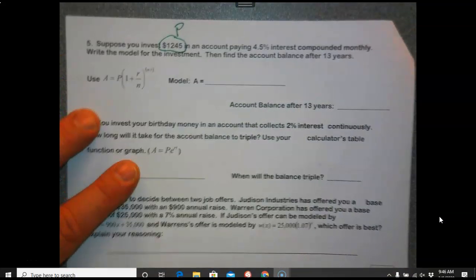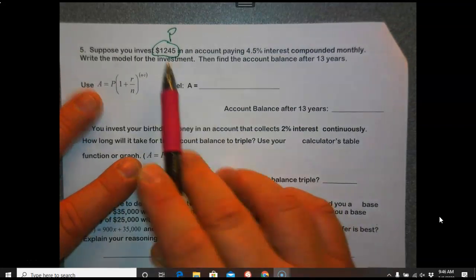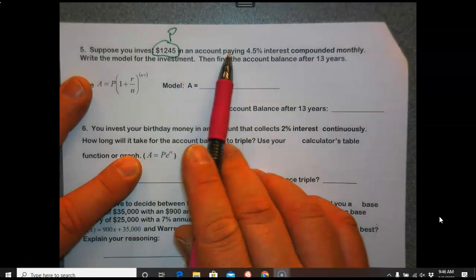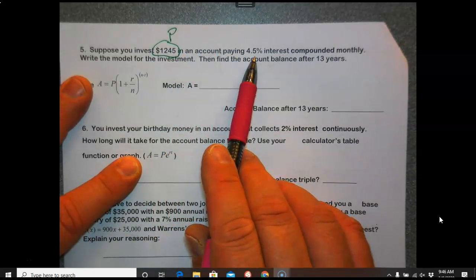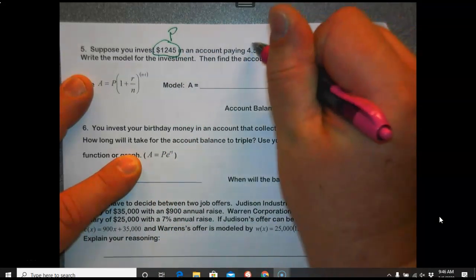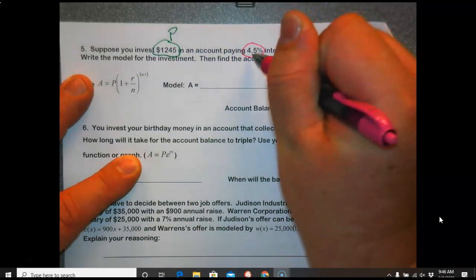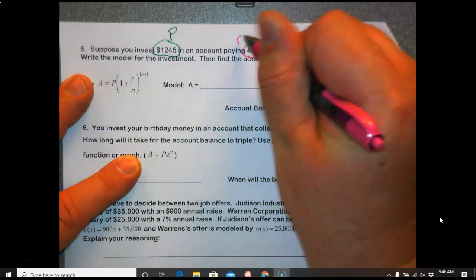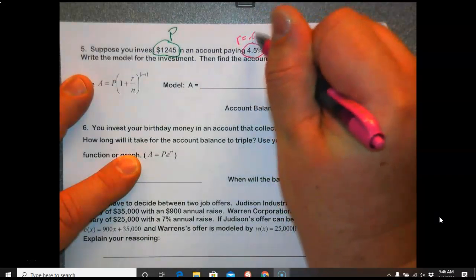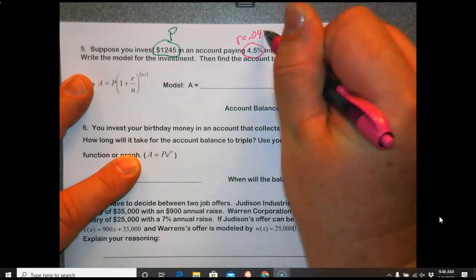You're going to have to be careful. 1245 in an account paying 4.5% interest. So there's my rate. I need to move the decimal place over 2 places, so I'm going to need to put a 0 there. 0.045.